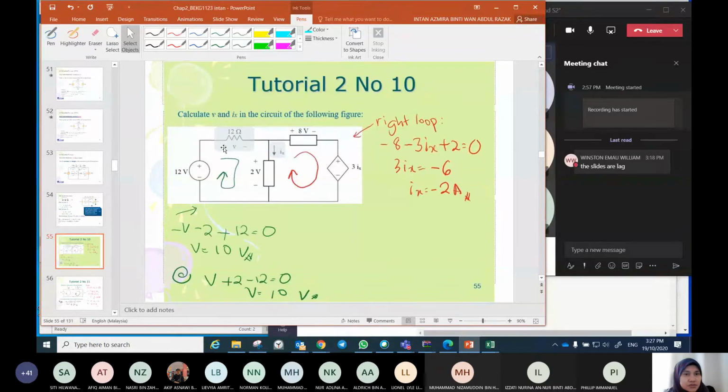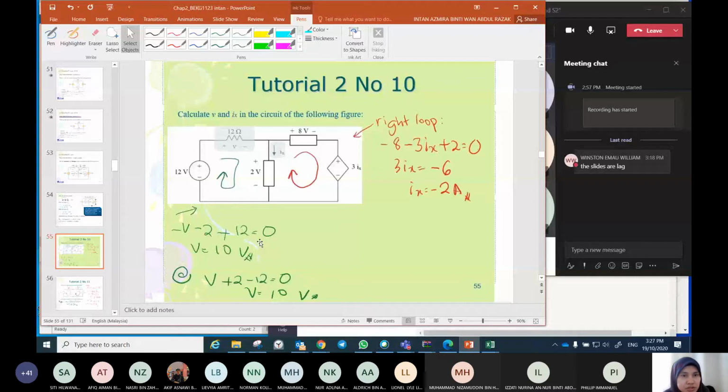But sometimes the question can change the terminal of the voltage drop. It can be negative here and positive here, so you should put negative in your answer. It depends on the question.